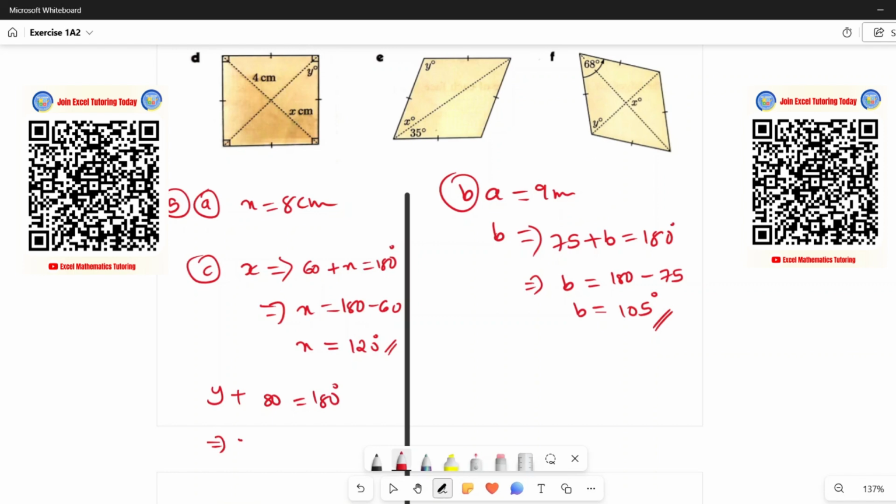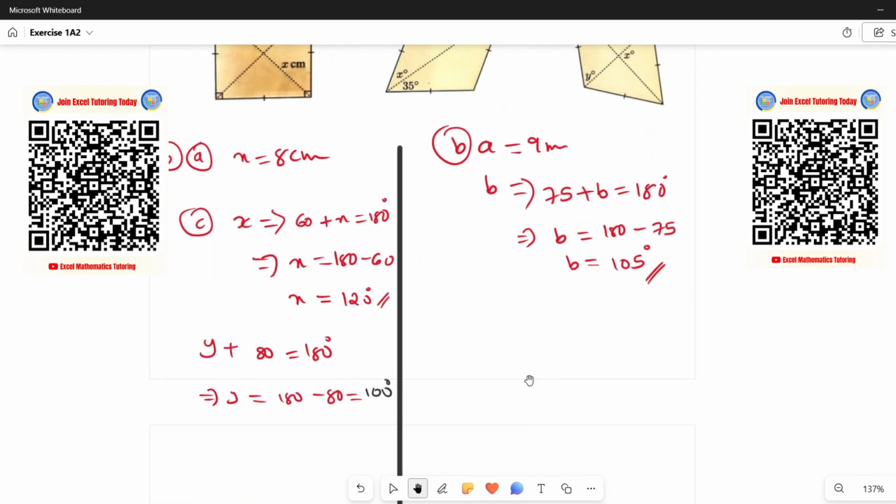Now the value of y equal to 180 minus 80, that is 100 degree. So that is the value of y here. So we found the value of x and y. So here again we use the same property, supplementary co-interior angles.